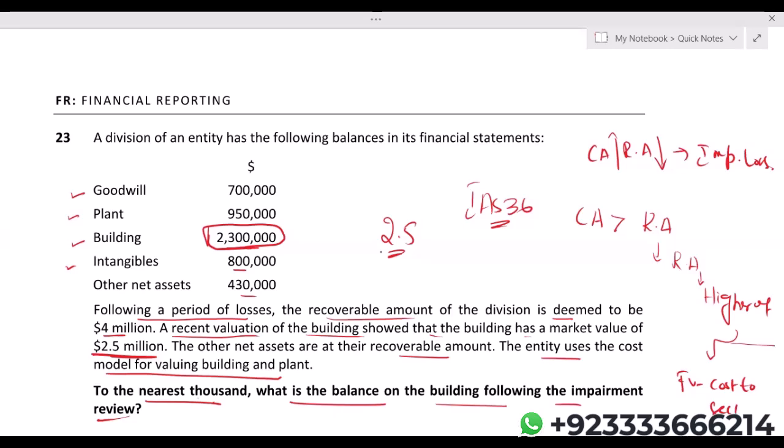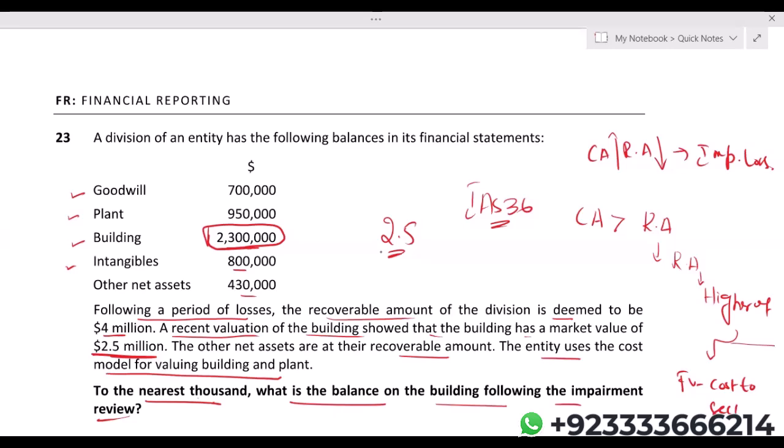First, if there is any specifically mentioned asset, for example if the examiner says a fixed asset, plant and machinery, is destroyed due to fire, that is a specifically mentioned asset.